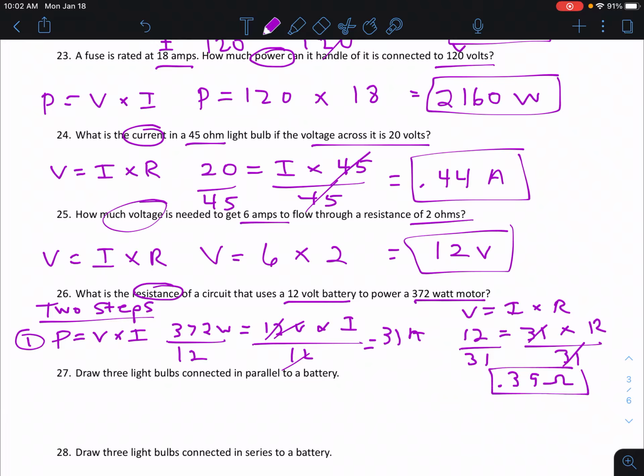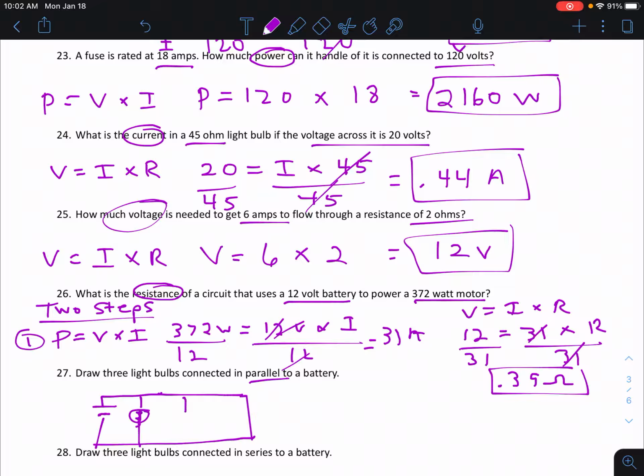Number 27, draw three light bulbs connected in parallel to a battery. So I'm just going to use my symbols for my battery. There's my symbol right here, and this is in parallel. So let's just use this kind of a layout, and let's make this our bulb.